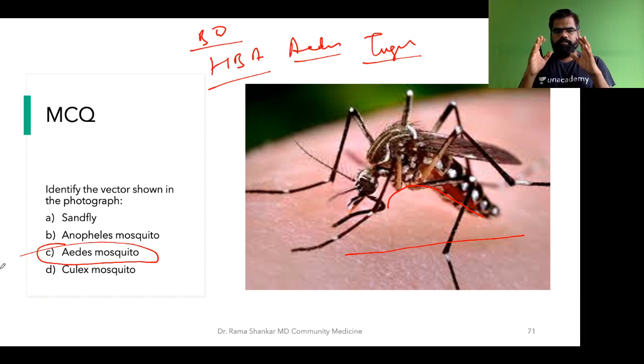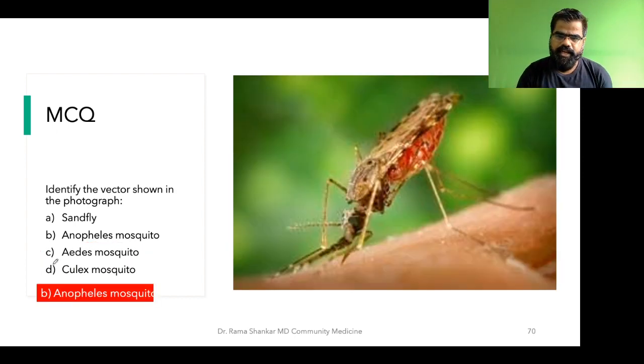Okay. So mosquito identification is very easy. This is a tiger mosquito because you have alternate black and white strips. There is a hunchback appearance and everything. But in Culex, you have hunchback appearance, but you don't have the black and white strips. In Anopheles, if you see, Anopheles is very easy.